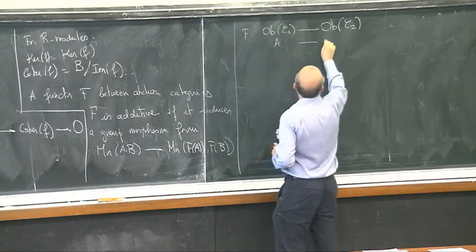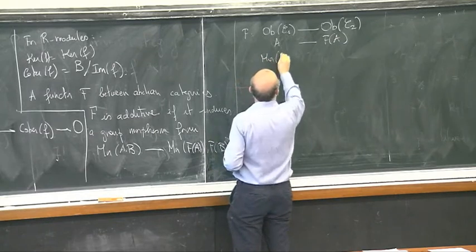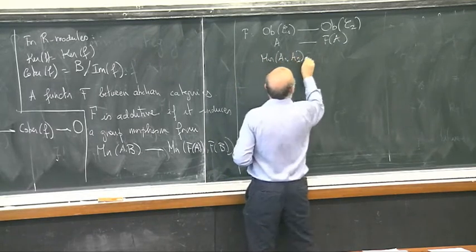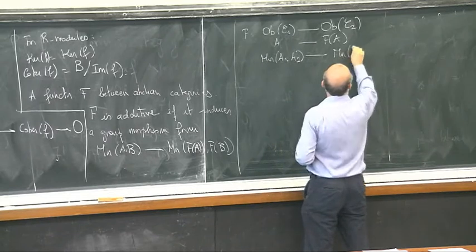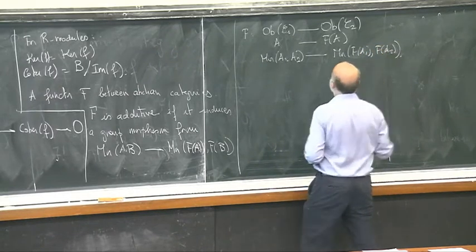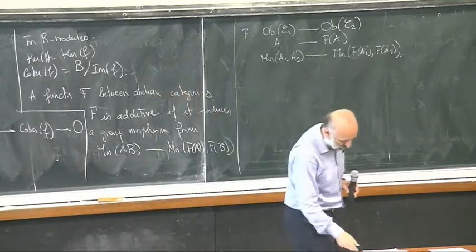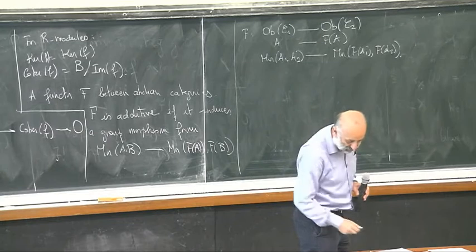So A goes to F of A, and it will send a morphism from A1 to A2 to a morphism from F of A1 to F of A2. You want this map to be a group morphism of abelian groups, of course.